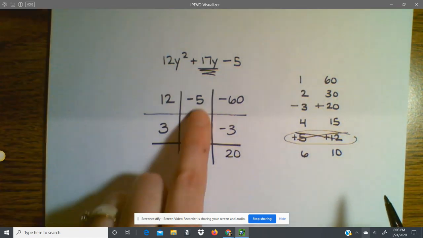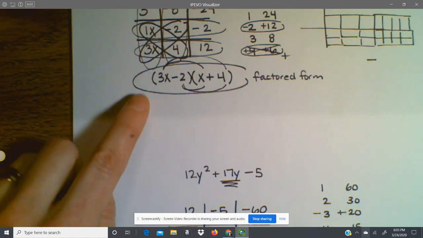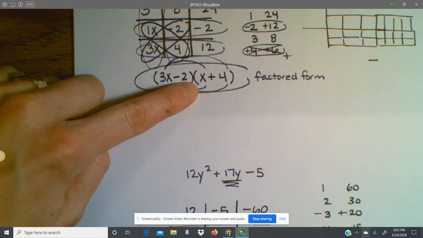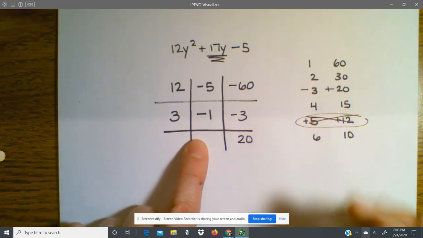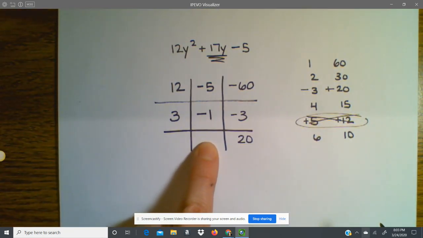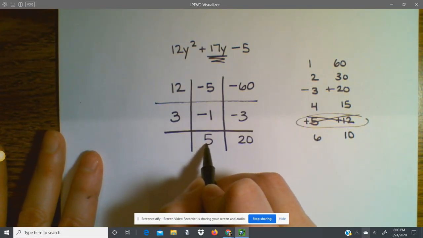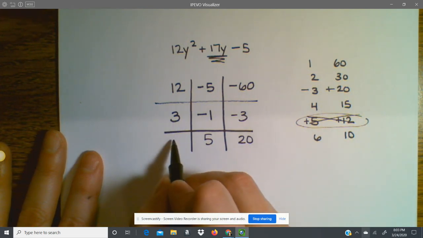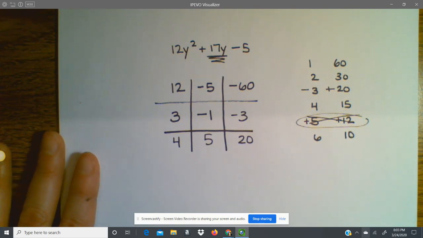And if you have a negative, always put the negative in this column, because think about our factored form. This is the x column, and we don't want those leading coefficients to be negative numbers. So your negatives go in that second column. So if I did 5 times negative 1, that would give me negative 5. 3 times 4 gives me 12, and 4 times 5 is 20.